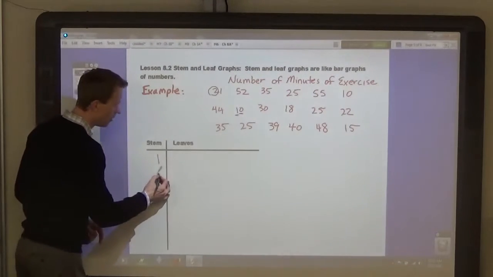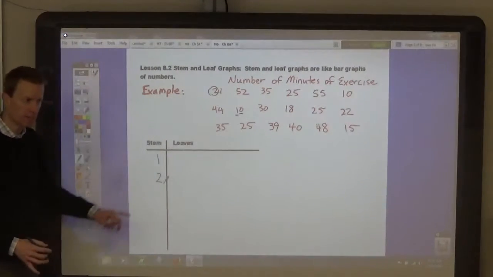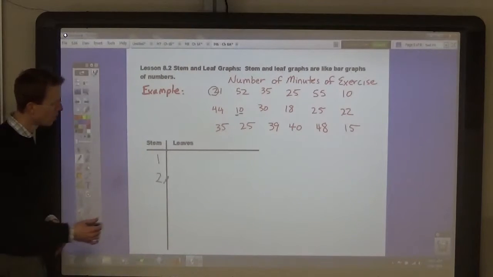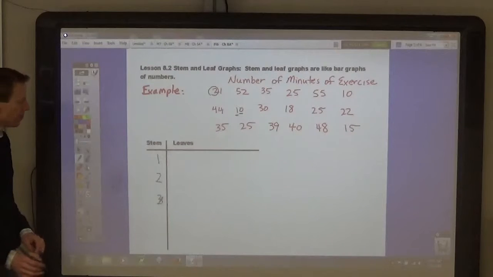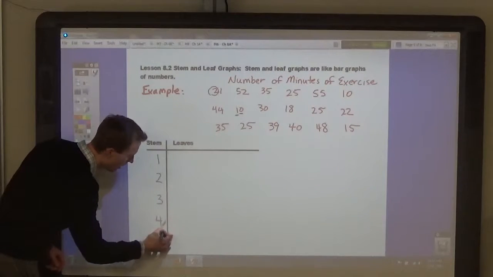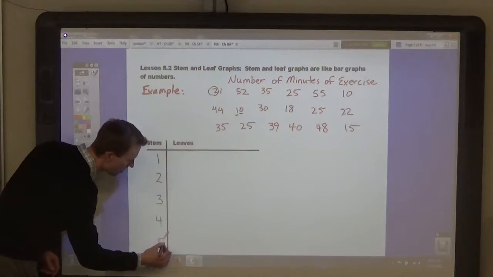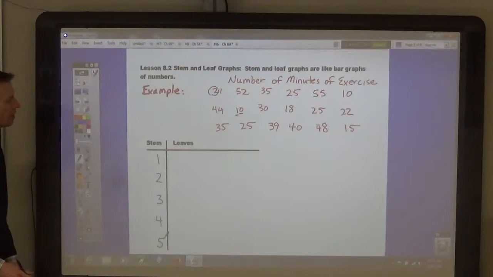There are numbers in the 20s, so the stem would be 2. There's numbers in the 30s, so the stem would be 3. There's numbers in the 40s and in the 50s. Is there any 60s? Okay.